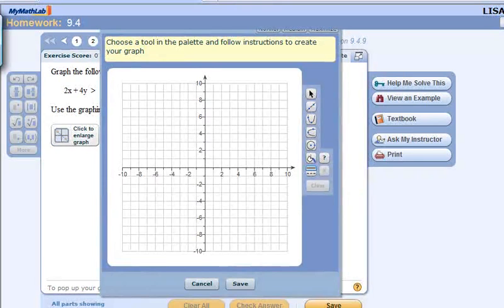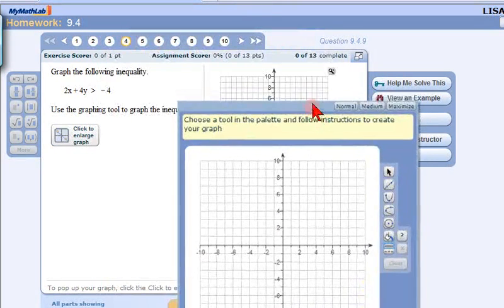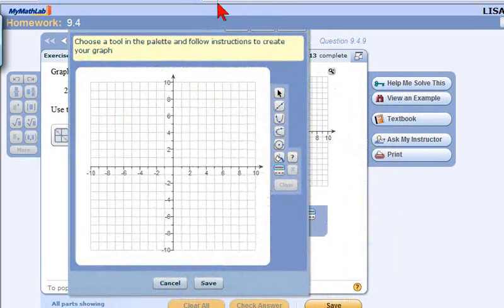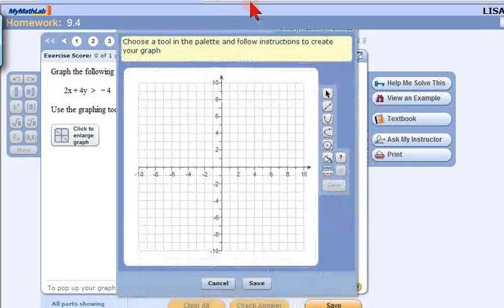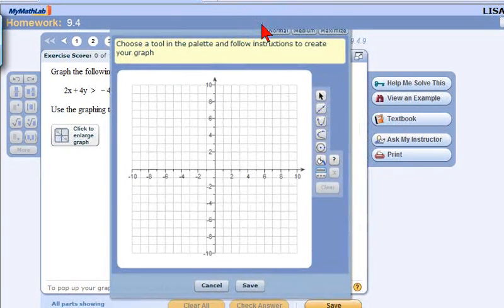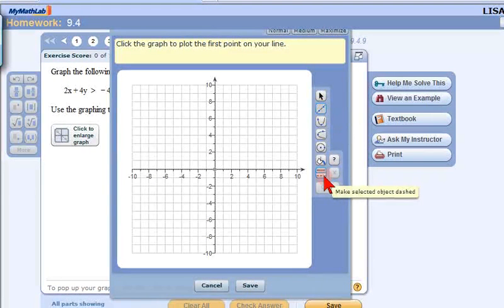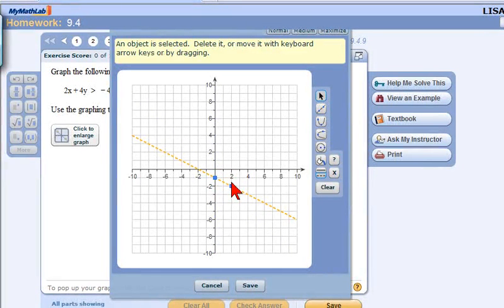I'm going to use the line tool. I'm going to use a dotted line. So everybody got that? That's where you choose that. I'm going to begin at -1, and I'm going to move down 1, right 2, and click my other point.